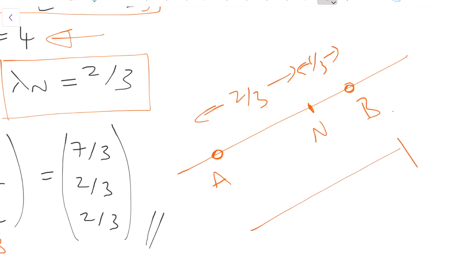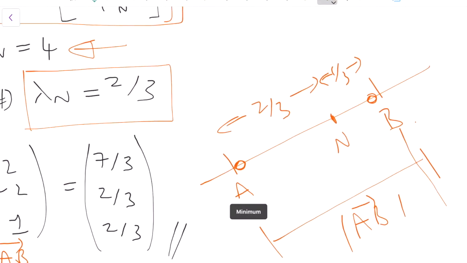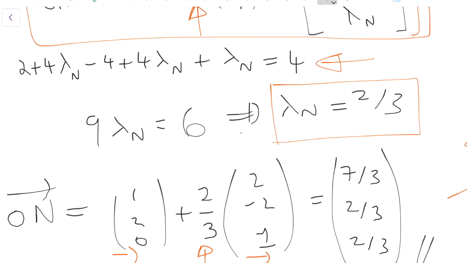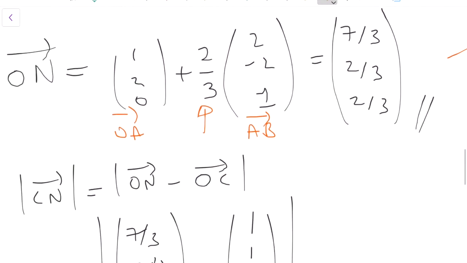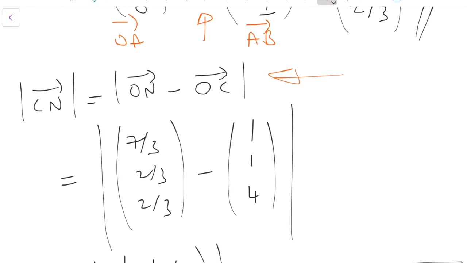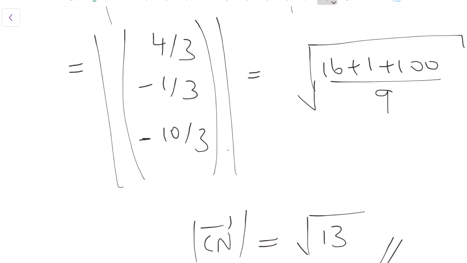And this right here would be AB. Right. Okay, so that's simple enough. Now that we have ON, we can find CN, which is the distance which is required. And this is just some simple Pythagoras theorem. So you do the math and you end up with root of 13, which is shown here.